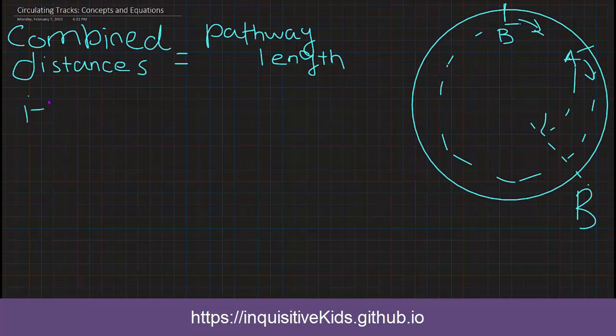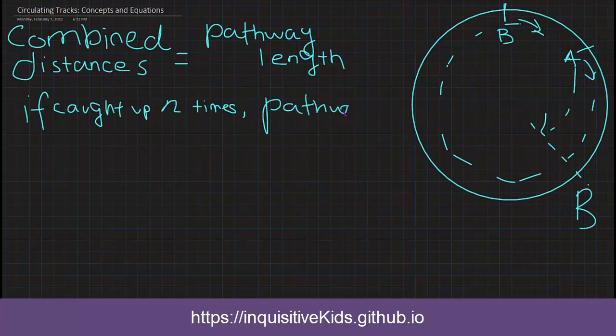if those two people meet, say, n number of times, if they caught up to each other n times, this is just the first time here, then for each of those n times, they would run one more pathway length.